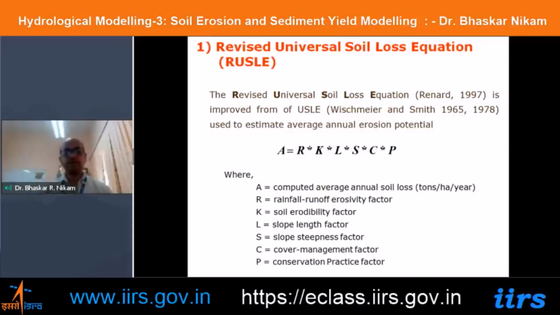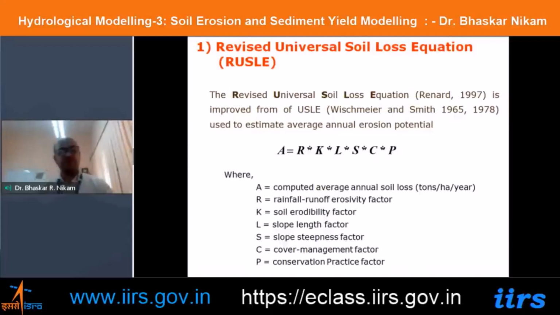What I'm going to show you here is a very well-known, renowned soil erosion estimation technique, which is called the Revised Universal Soil Loss Equation. In short, we call it RUSLE, or many people know it as RKLSCP. These are synonyms. The method was developed by the United States Department of Agriculture with the help of the United States Geological Survey.